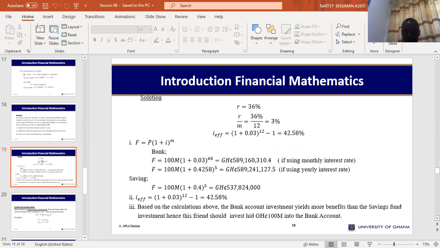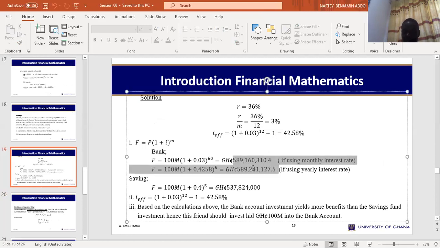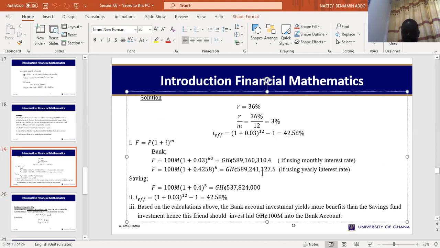Okay, so the bank account will give you 589,160, and the savings fund will give you 537. So you can see that the bank account is higher than the savings fund. So that is the advice you give to your clients. And the effective annual interest rate is 42.58%.